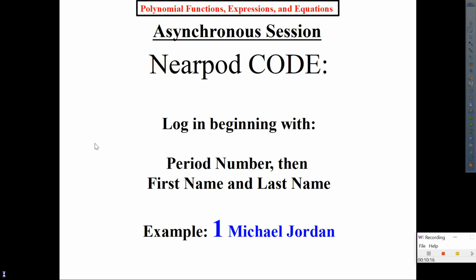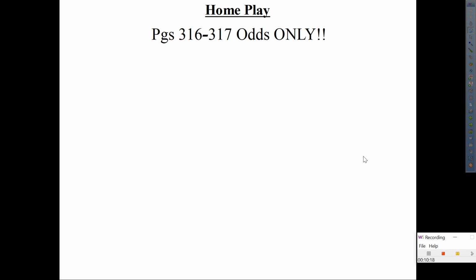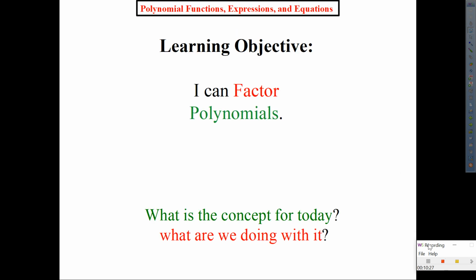Okay? All right? Our objective for today, I can factor polynomials. I'll give you some time to set up your Cornell note, and then we'll get started from there. Okay, all ready? Let's go.